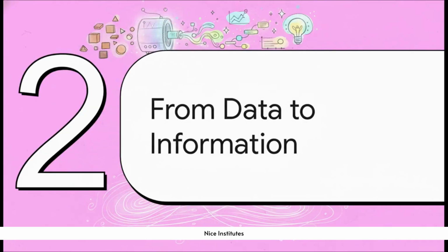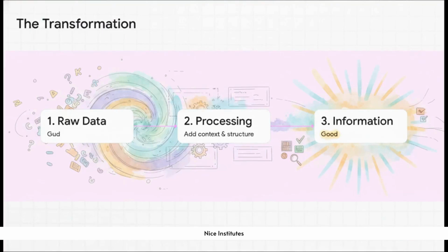Okay, so if data is just the raw material, how do we actually build something useful? Well, this is where the magic happens. This is the transformation. Remember that random bit of data, "good"? By itself, yeah, it's just 3 letters, but once we process it, and in this case it's a super simple spell check, we're adding structure and context. And boom, "good" becomes "good."